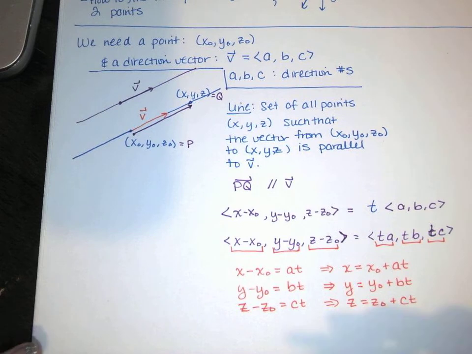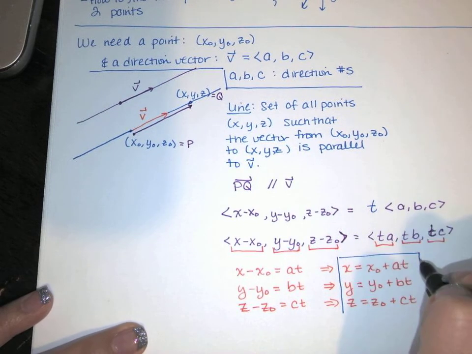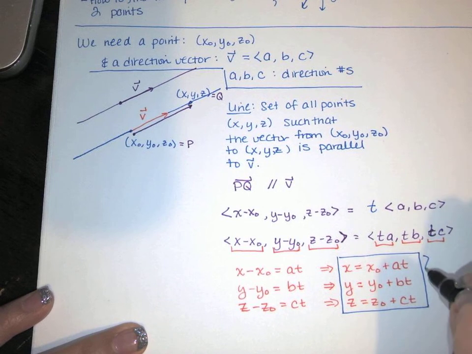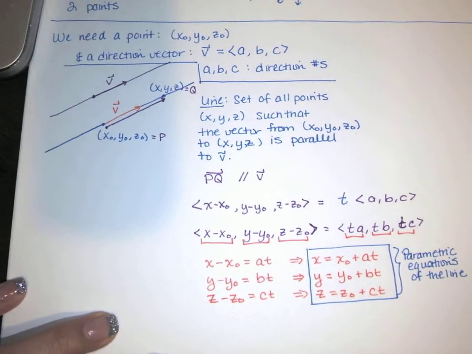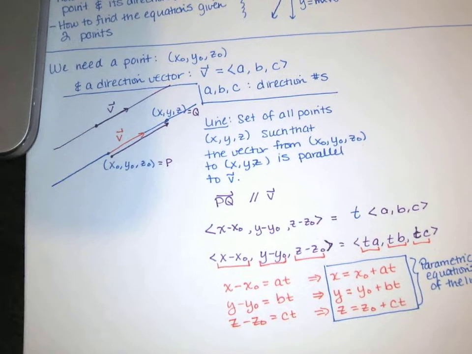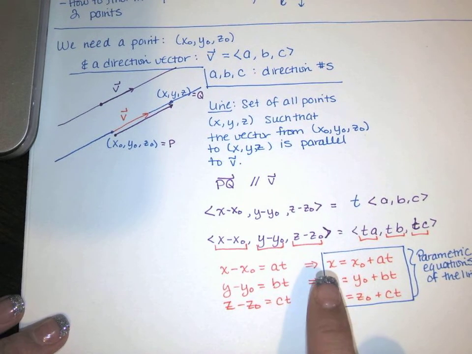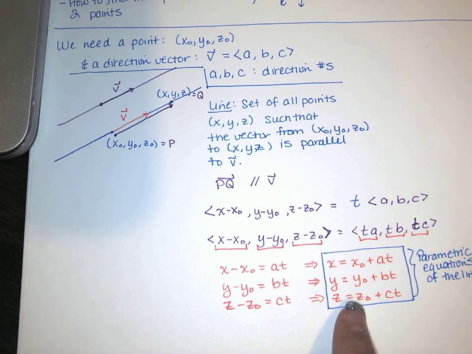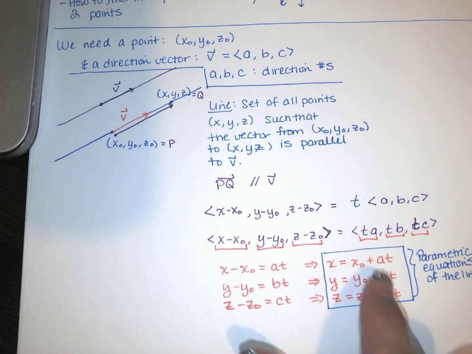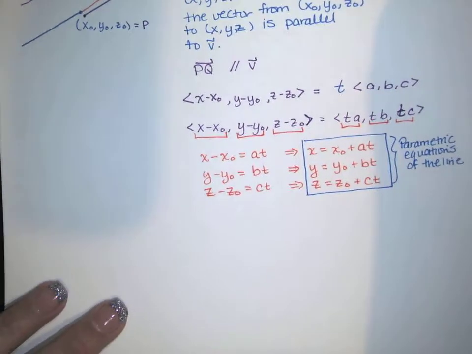All right, so these are called the parametric equations of the line. Now, if you give me an x naught, y naught, and z naught, that's our initial point, and you give me a direction vector with components a, b, and c, I can just substitute those in right here, and I'll have the parametric equations of the line.